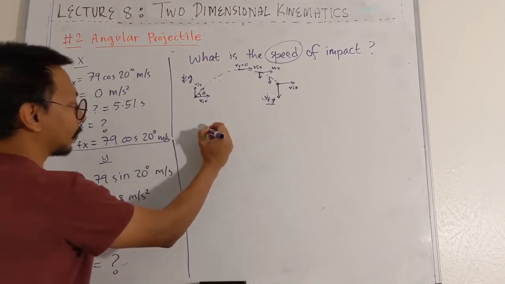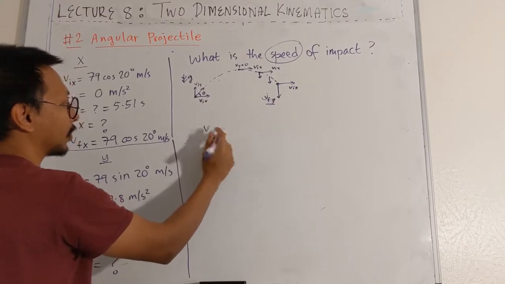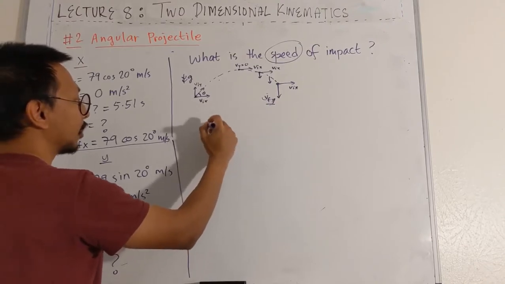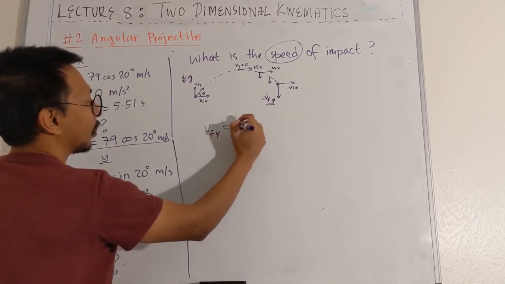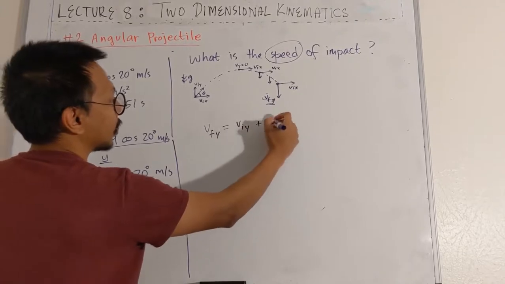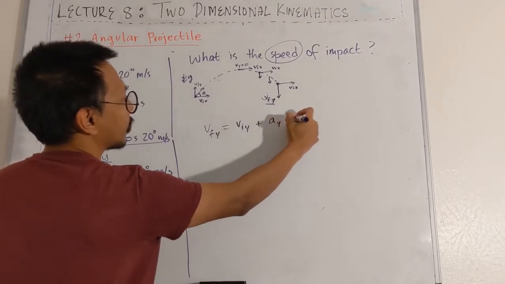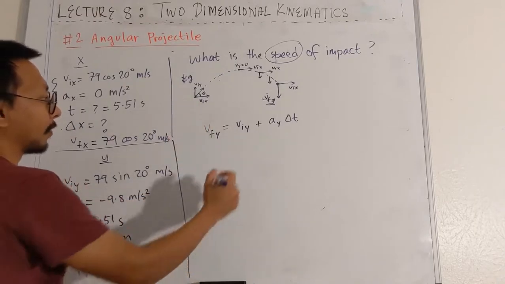The first equation may work in the kinematic list that we have written down previously, which looks like vfy is equal to viy plus acceleration in the y times delta t. We have everything and we want to find vfy.